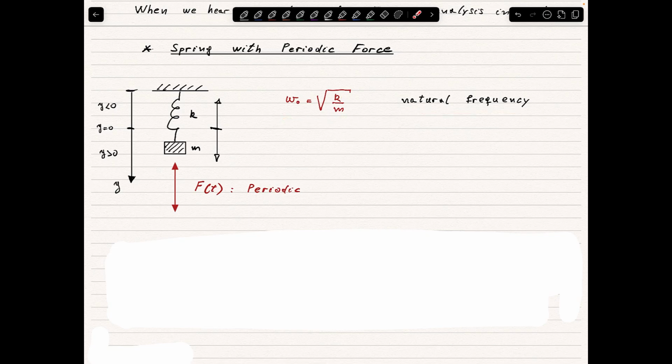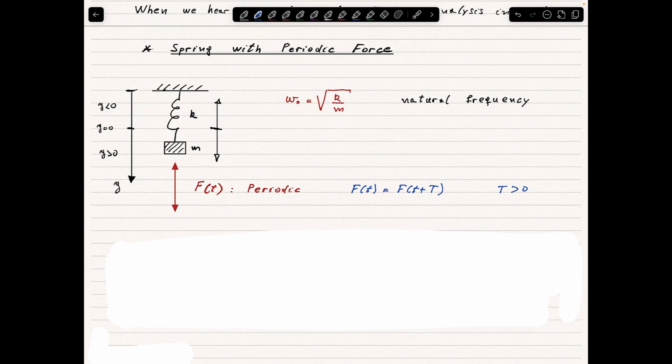Now we act on the system with an external force, and we are going to assume that the force is periodic. So the force at time t and the force at time t plus one period, which we call capital T, are the same for t positive.